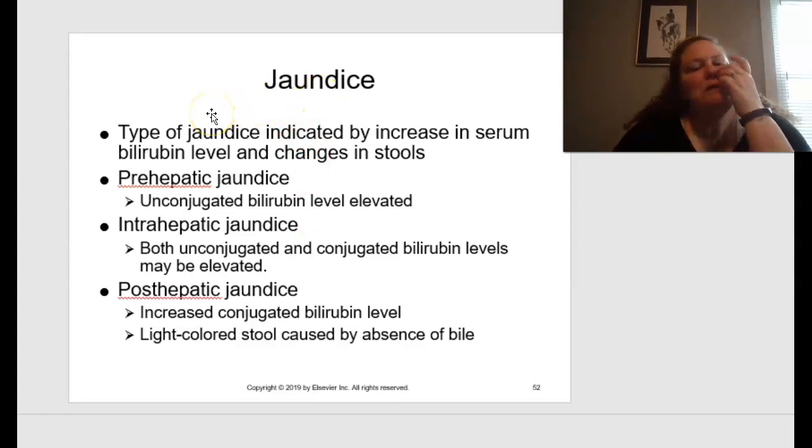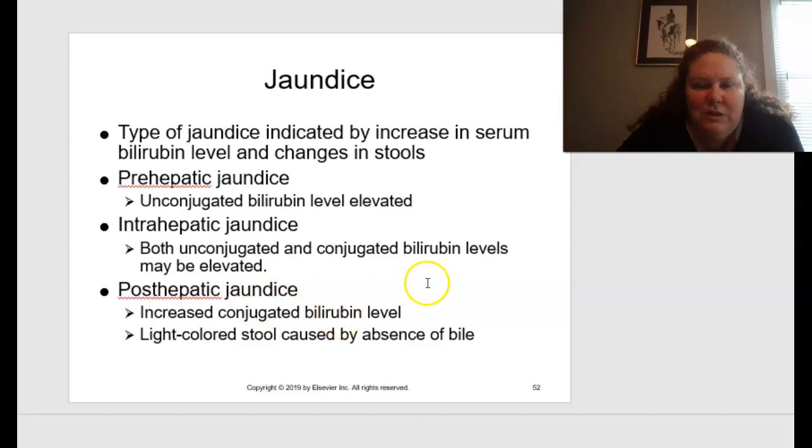With jaundice, the type of jaundice can be indicated by the increase in serum bilirubin levels and also changes in your stool. In prehepatic jaundice, unconjugated bilirubin levels are elevated. In intrahepatic jaundice, both unconjugated and conjugated bilirubin levels can be elevated. And then you have posthepatic jaundice, where you have increased conjugated bilirubin levels, and the light colored stool is caused by the absence of bile.